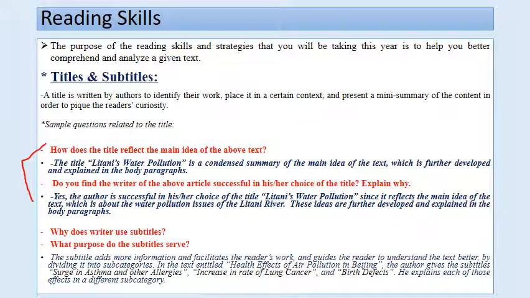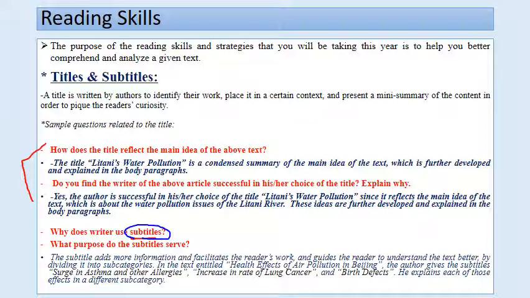And I might also ask about subtitles. In some of the lectures we took, we had subtitles, those mini titles inside the text. Why does the author use subtitles? For example, if you remember Deforestation 101, when we were talking about the reasons behind deforestation, the author included the reasons as written in subtitles.